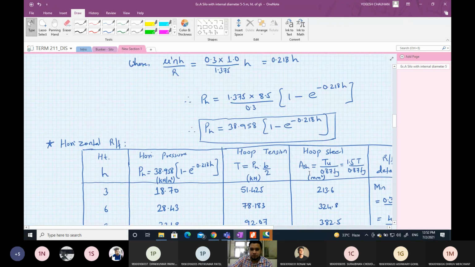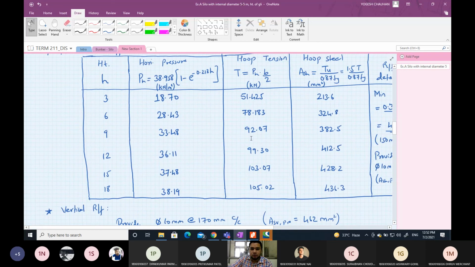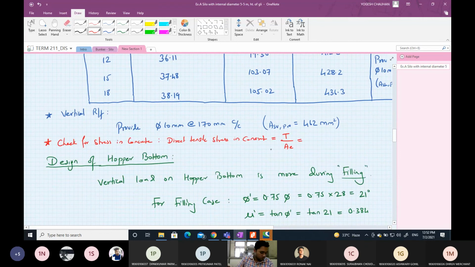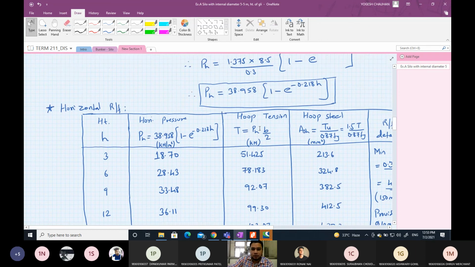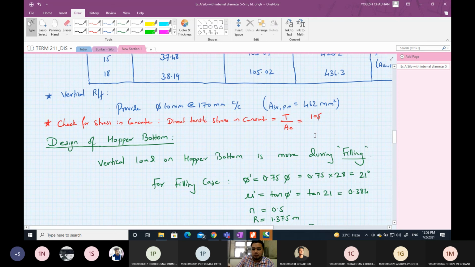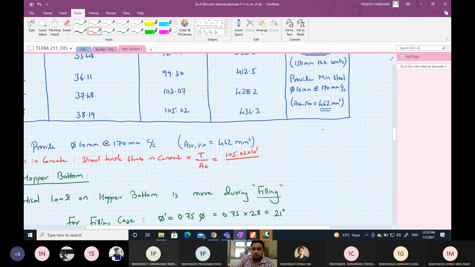Now T here, the maximum value of hoop tension, is 105.02. Wait, is it factored? No, it is not factored. So it is 105.02 into 10 to the power 3 divided by AE. Now here we have to find AE also.